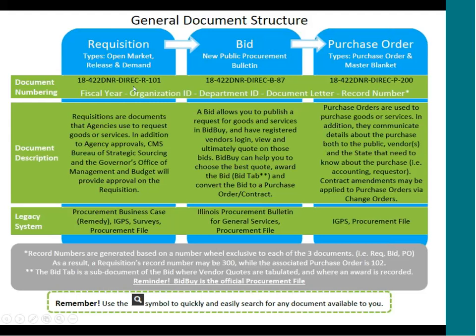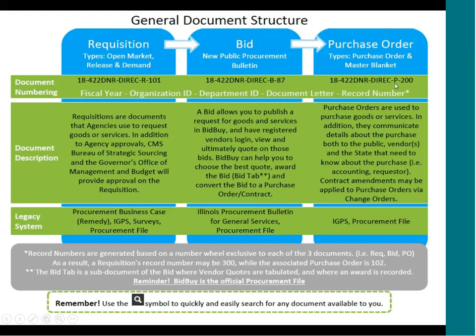The 18 is the fiscal year. Our 422 DNR is our agency identifier. The DIREC is one of the department codes, the Director's Office procurement in this particular example. The most important part of this number is the document letter: an R stands for requisition, a B stands for bid, and a P stands for purchase order.